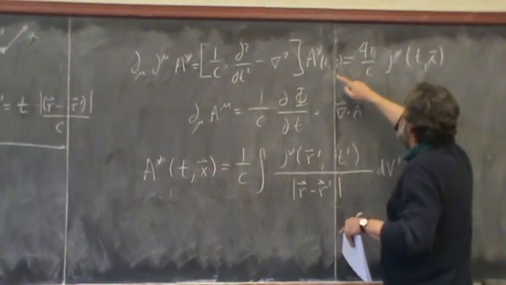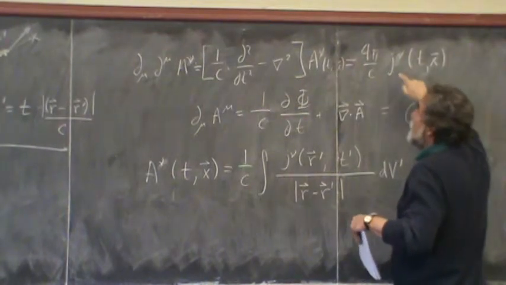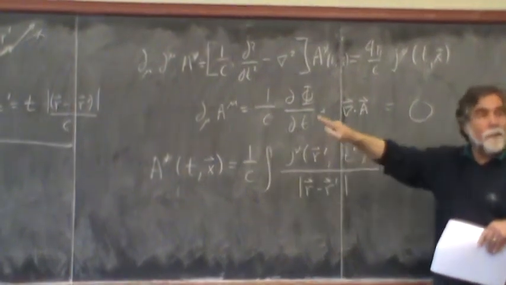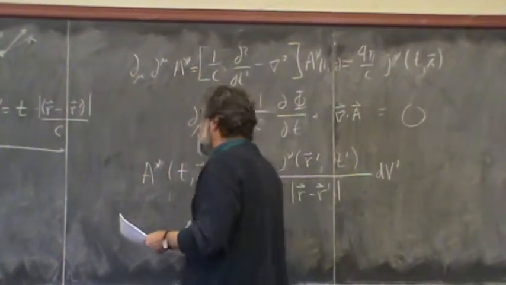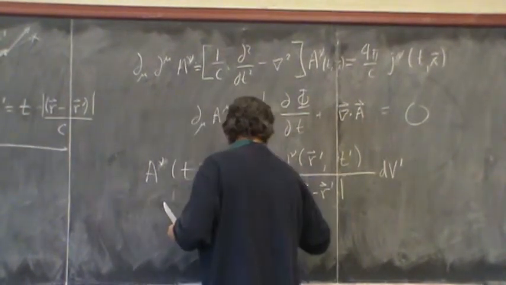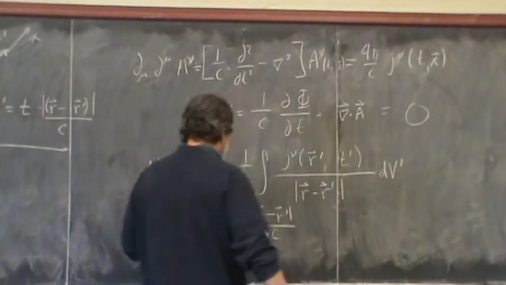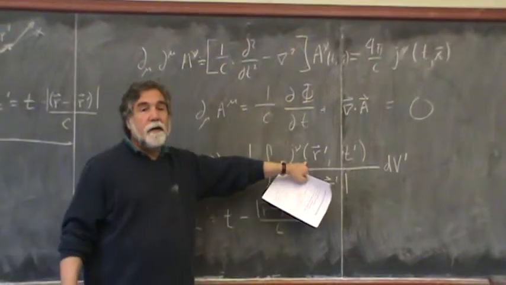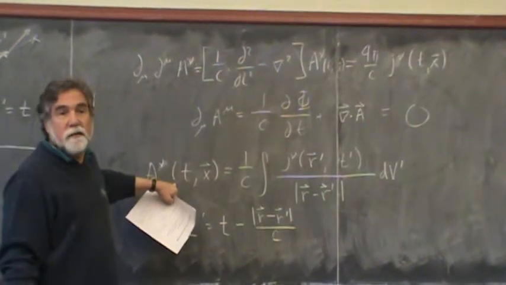The dependence of the vector potential at one point on the current at another point. No, this remains the way it is, and this is one point in space and time, another point in space and time, where the relationship has got to be that t prime is equal to t minus something. Okay, so there's a specific relationship between the current in one place and the field, the potentials at another place.